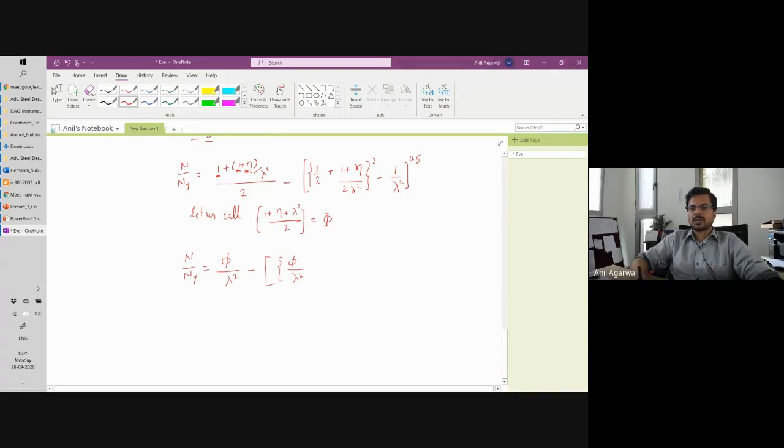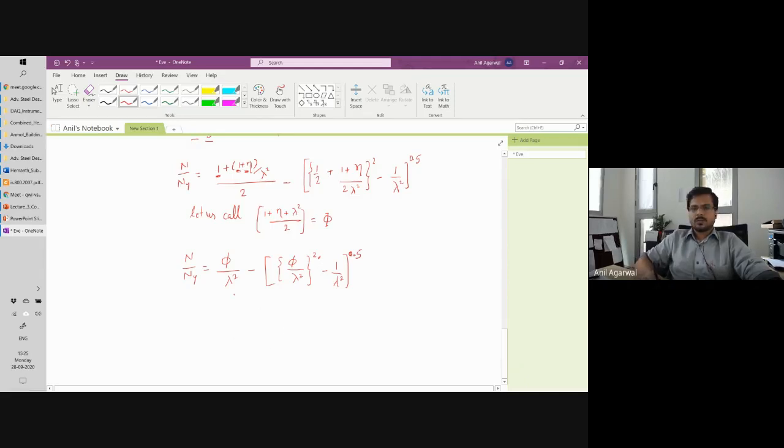So if I take 2 lambda square as the common denominator, we are left with lambda square plus eta, 1 plus eta square. So that is substituted with phi divided by lambda square squared, minus 1 by lambda square, to the power 0.5. That is square root.